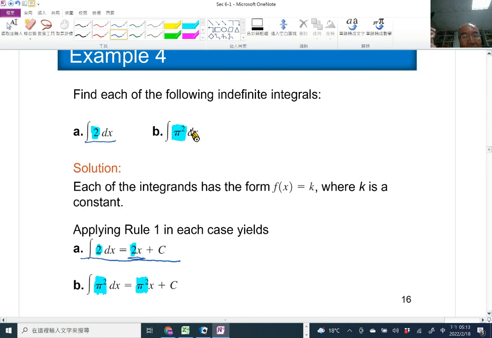So we can apply the constant rule as we introduced. So pi squared has an antiderivative pi squared times x. So you will say the indefinite integration of pi squared is equal to pi squared times x plus constant c.